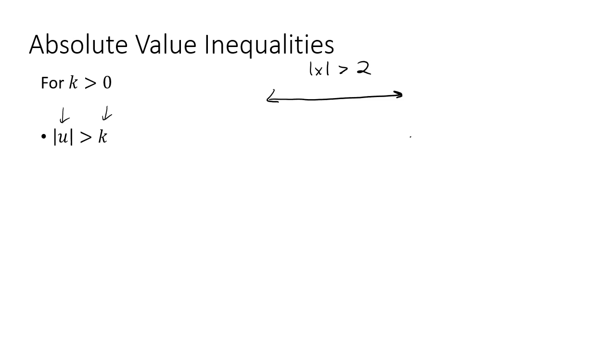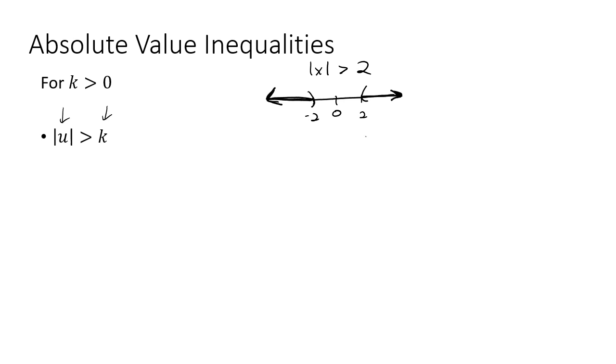What you're saying is that distance from 0 has to be bigger than 2, which means it would have to be further to the right of positive 2 or further to the left of negative 2. Right? Anything from here is further away than 2. Anything from here is further away than 2.